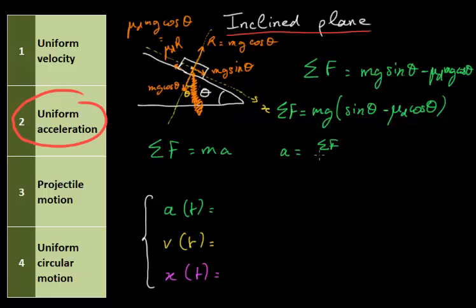Acceleration is equal to the net force divided by m, which is equal to g times sine theta minus mu d cosine theta. Very good. So now I have acceleration.